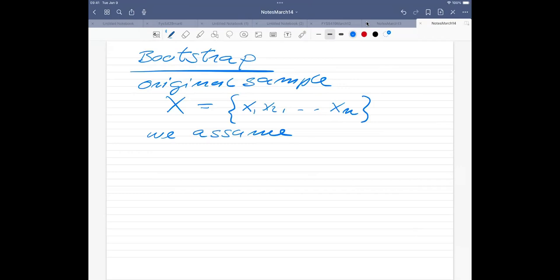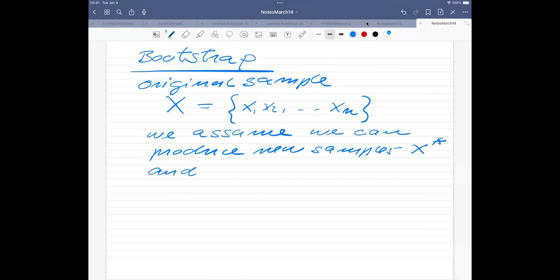So we assume we can produce new samples, and let's call these X star.